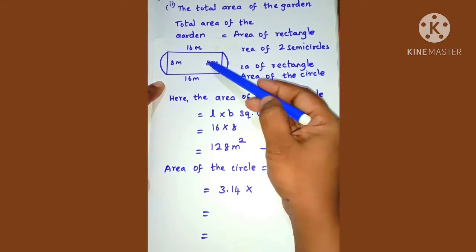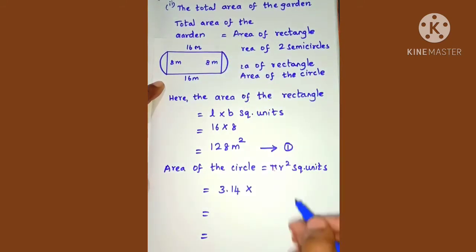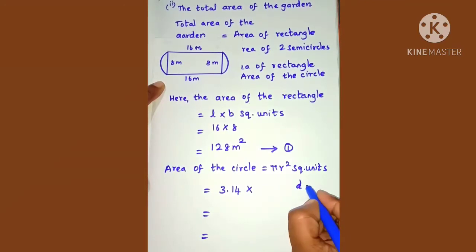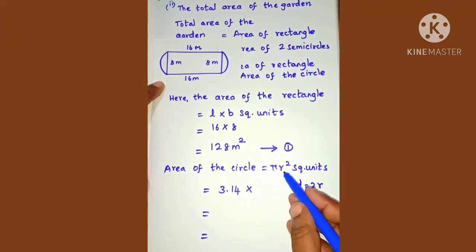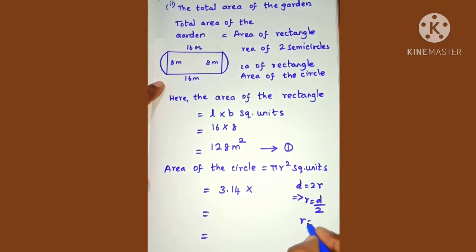So by dividing it by 2, we get the radius. So d is equal to 2r. It implies r is equal to d by 2. So we need the value of r. So r is equal to 8 by 2, which is 4. So the value of r is 4 meter.